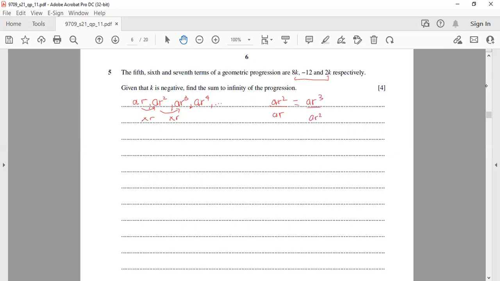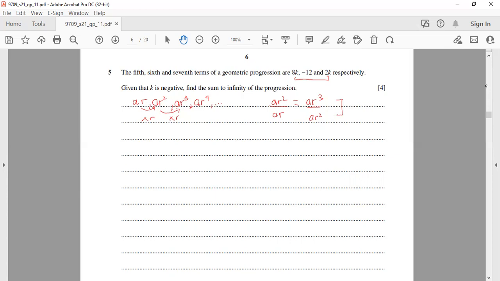Okay, and both of them should give us the value of r. Similarly, this applies for any three consecutive terms. So here we are given three consecutive terms. Let's make use of this to find the value of k.